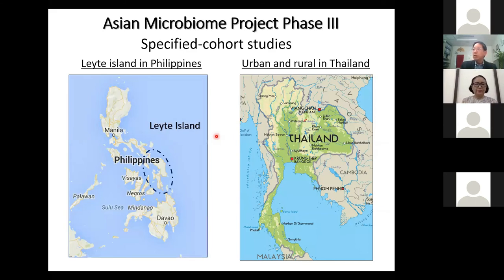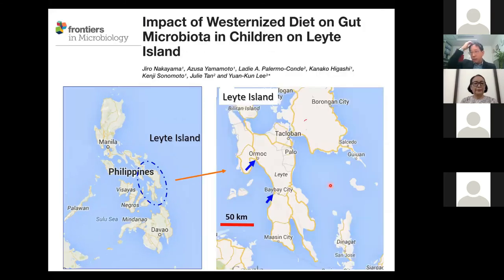We investigated the gut microbiome of children living on Leyte Island in the Philippines, and also children living in urban and rural areas in Thailand. First, I talk about the Philippine result.